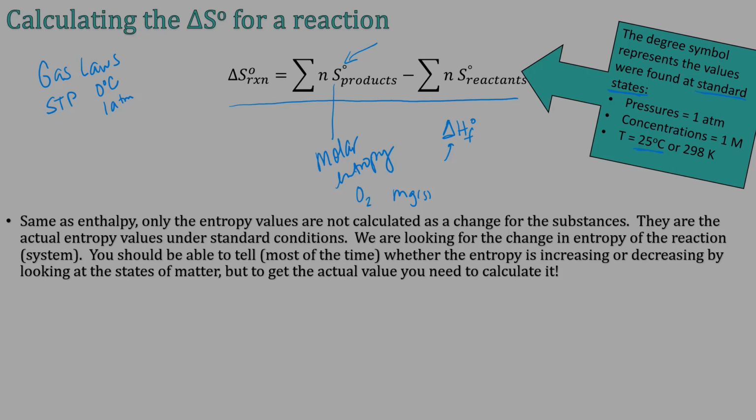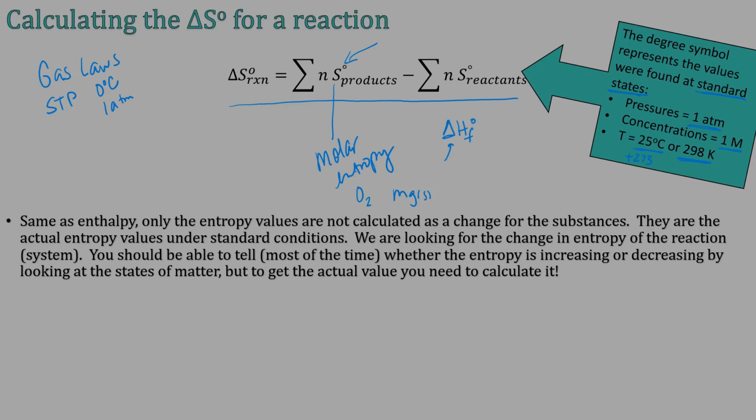In thermodynamics, we do almost everything in Kelvin, just like in gas laws, so you might as well memorize 298 as well. That's just adding 273 to Celsius. All of the concentrations of any solution are measured at 1 molar, and any pressures are at 1 atm.